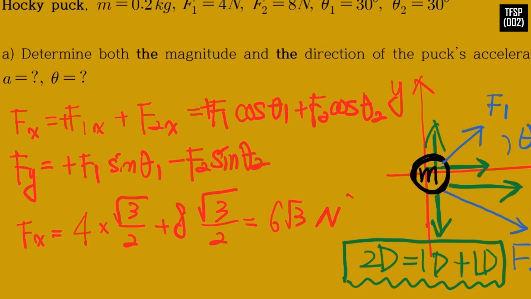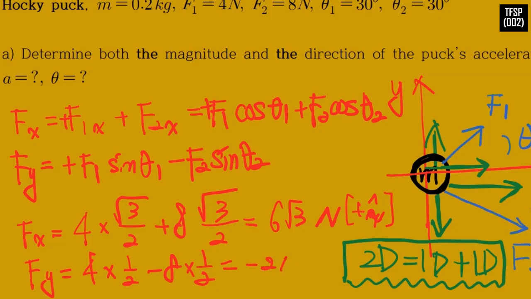Newton, positive i. Fy equals 4 times 1 over 2 negative 8 times 1 over 2 equals negative 2 Newton, negative j.